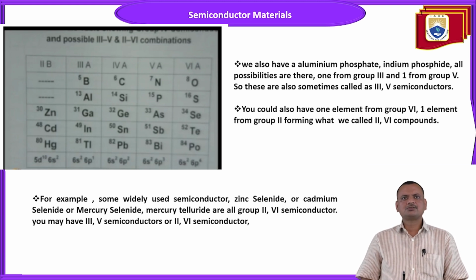So such semiconductors are known as second-six group semiconductors. Some widely used semiconductors in the second-six group are zinc selenide, cadmium selenide, cadmium telluride, mercury telluride, and mercury selenide.